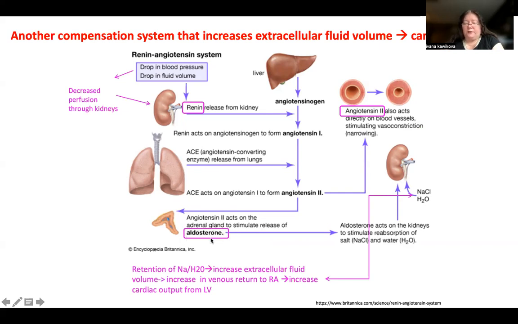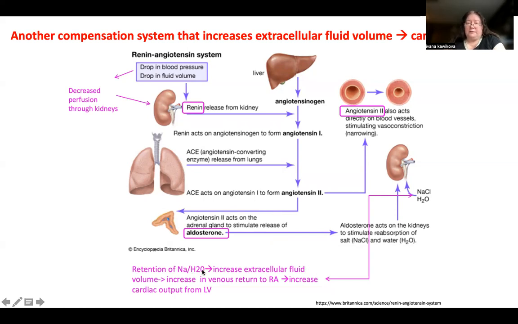Aldosterone is resorbing sodium in the kidneys. Sodium, by increasing the osmolarity, will also stimulate release of antidiuretic hormone from the posterior pituitary, and the antidiuretic hormone will then act on the kidneys to hold on to free water. So the effect of aldosterone on sodium and on resorption of water is leading to increased extracellular fluid volume in the body.